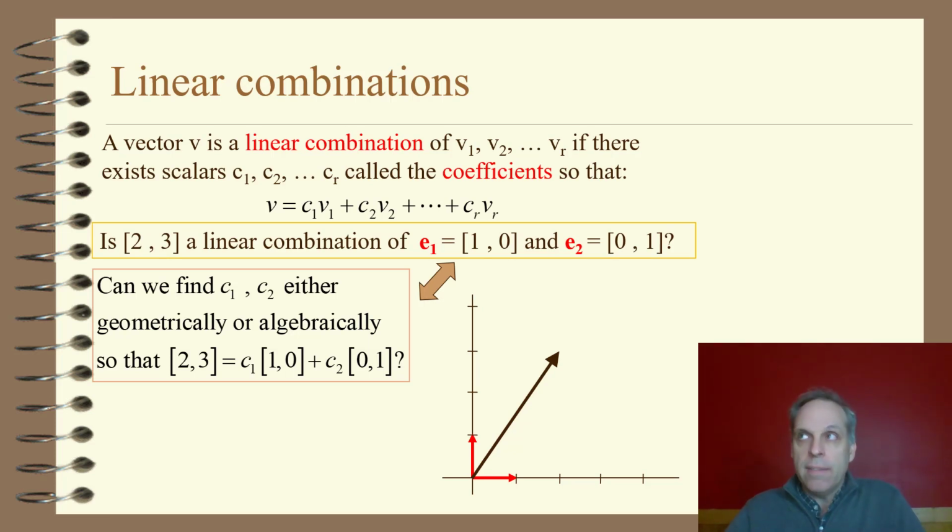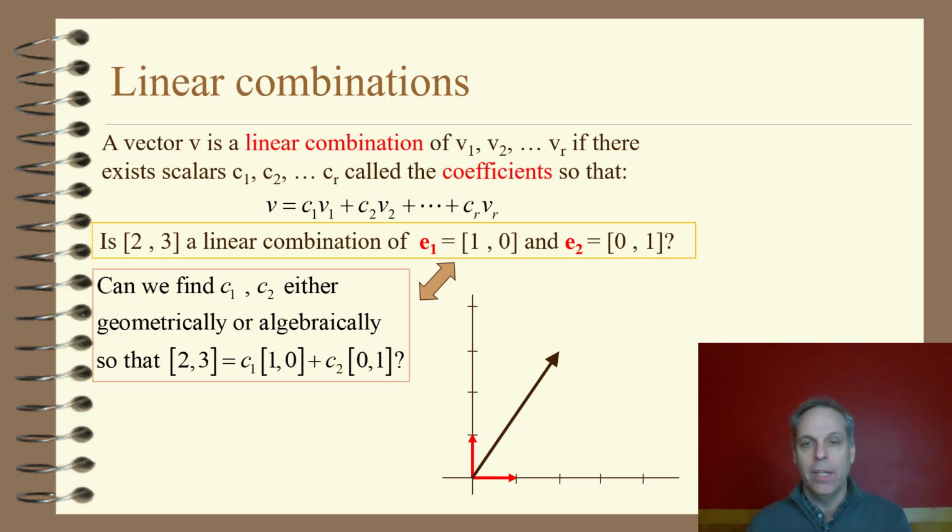So when you see c1 times e1, that's a multiple of that vector. It changes its length. When you see c2 times e2, it changes the length of e2. When you add those multiples, you are adding those new vectors tail to head.